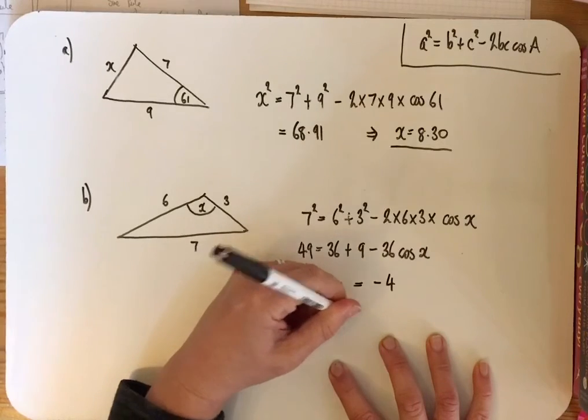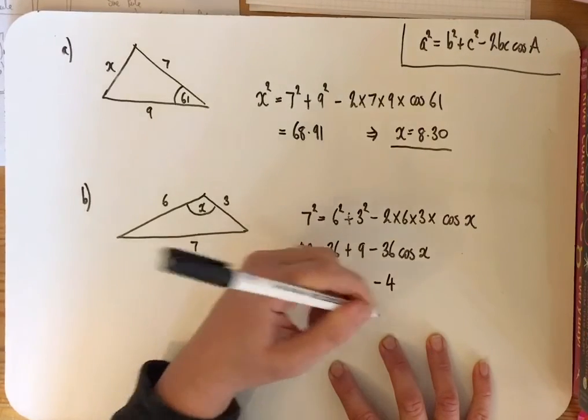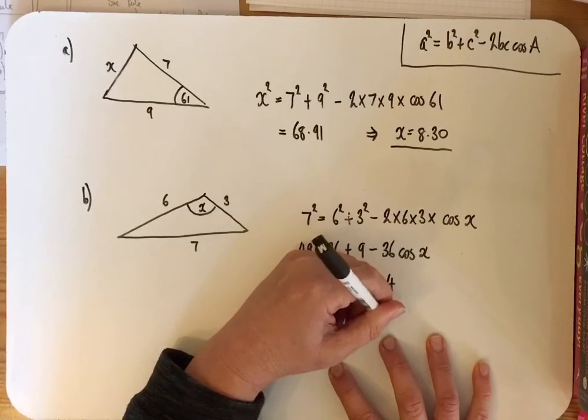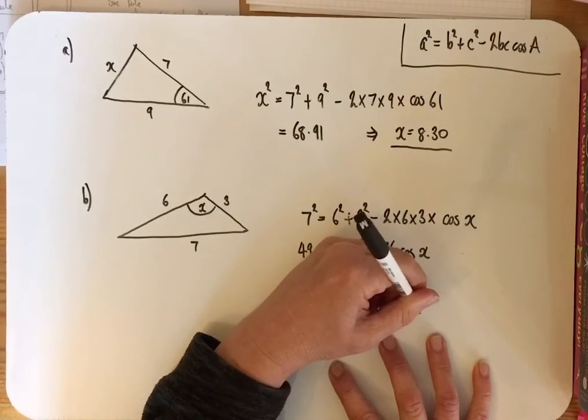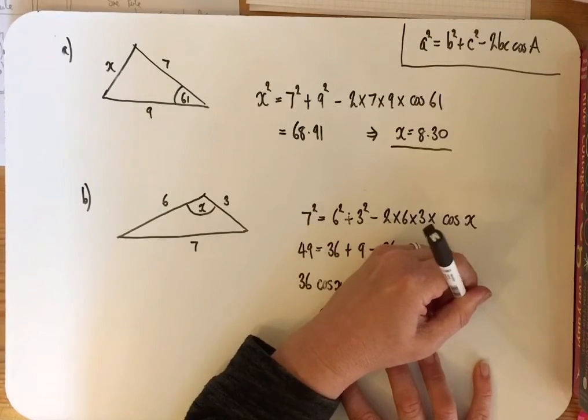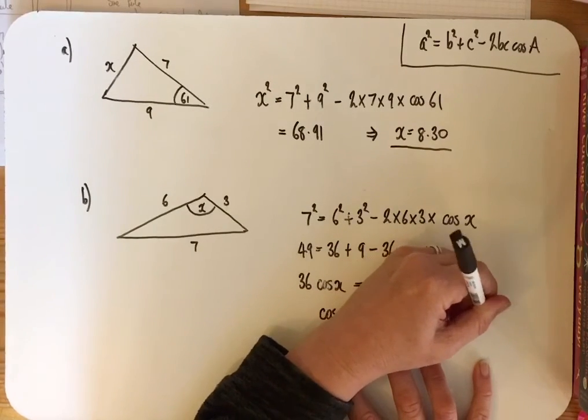And so cos x is equal to minus 4 over 36, which is minus a ninth. And then from there, x comes out as being 96.4 degrees.